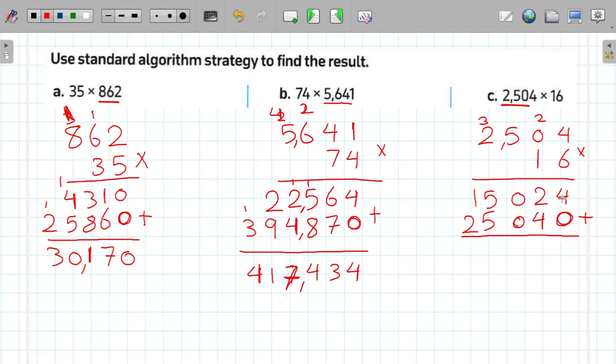So 4 plus 0 equals 4. 2 plus 4 equals 6. 0 plus 0 equals 0. 5 plus 5 equals 10. So I will write 0 and carry up 1. 1 plus 1 equals 2. And 2 plus 2 equals 4. So the result will be 40,064.